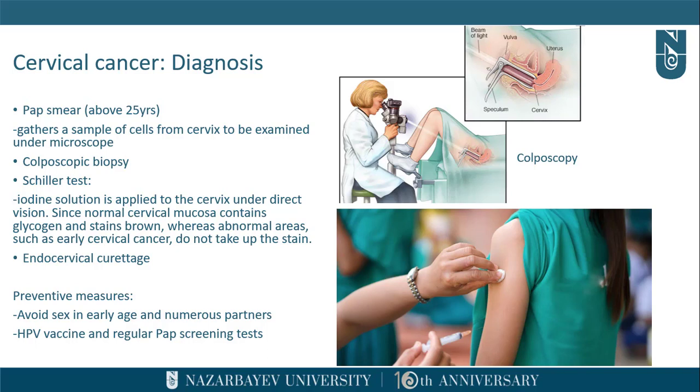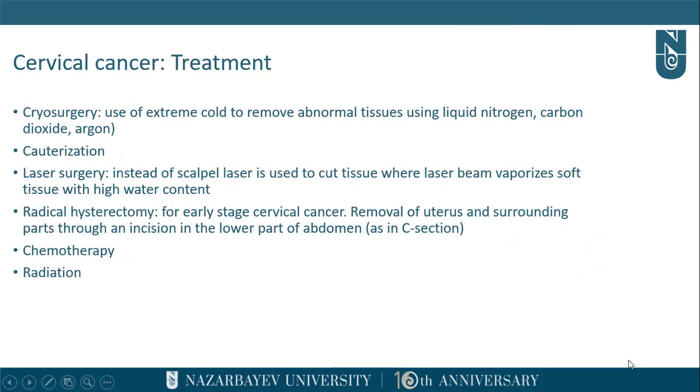If it stains brown, it means it's normal cervical mucosa, which contains glycogen, and we know that glycogen is a carbohydrate. Yes, it's an energy storing carbohydrate, so it will stain brown in reaction with iodine solution. However, abnormal areas of the cervix will not take up the stain. It means that they do not have this glycogen compared to normal cells.